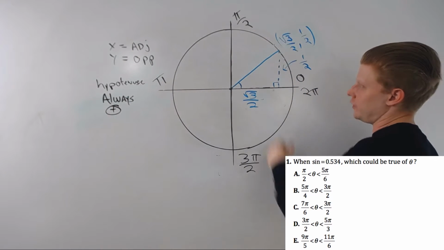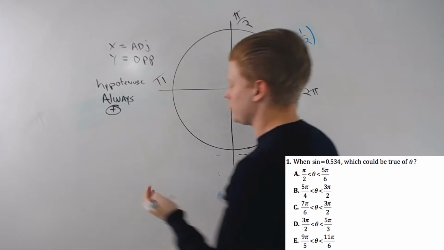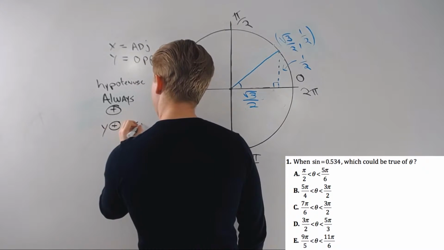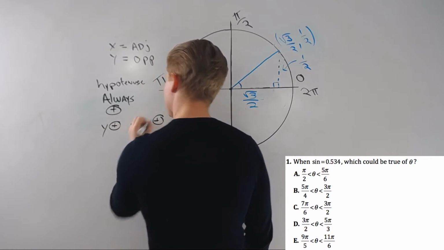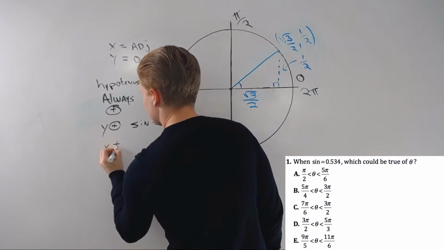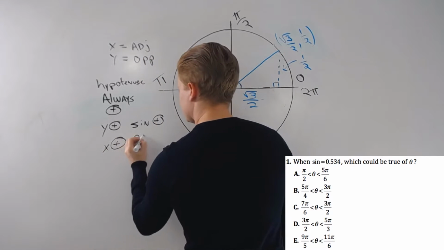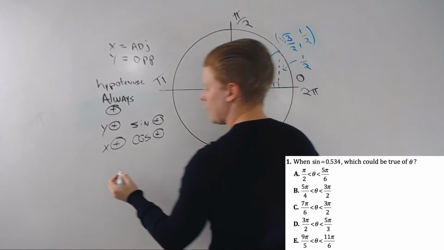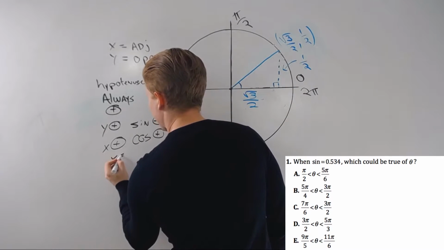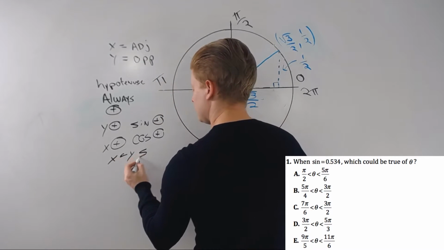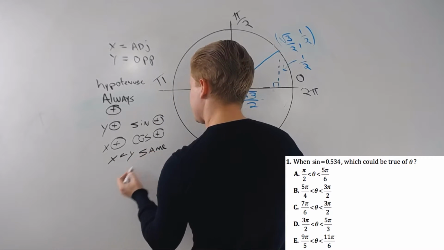So it'll be positive here. So whenever y is positive, sine is positive. Y negative, sine negative. Wherever x is positive, cosine is positive. And whenever x and y are the same sign, tan is positive.